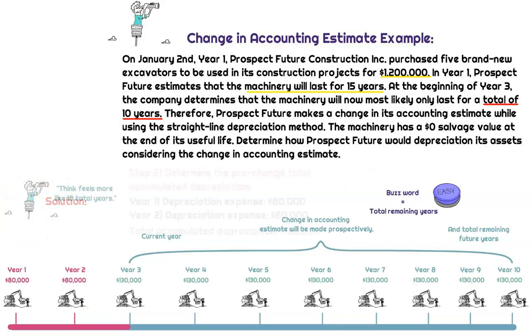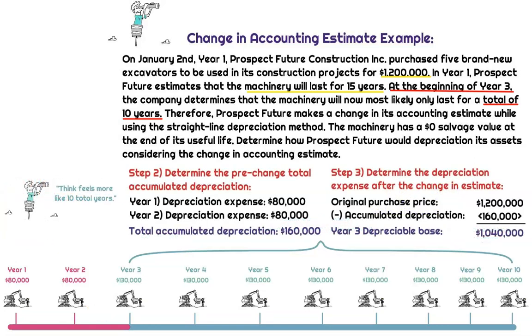But at the beginning of year 3, we made this change in the estimate, right? We're now saying that we think all of these assets will only last for a total of 10 years, not 10 more years, a total of 10 years. So we already depreciated them for 2 years. That means that we have 8 years remaining. We're going to take our total net amount after the accumulated depreciation up to this point.